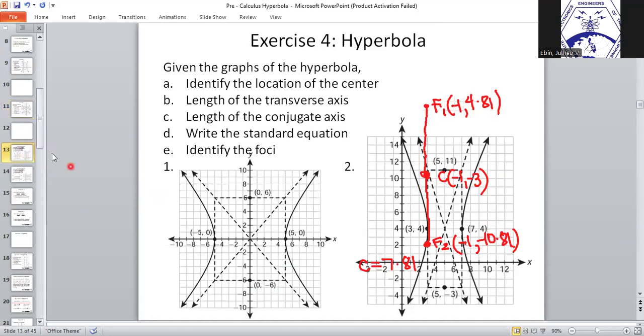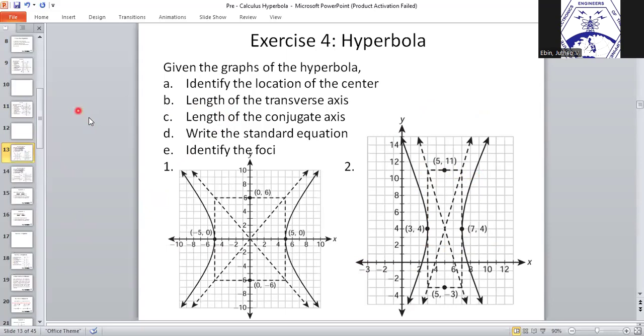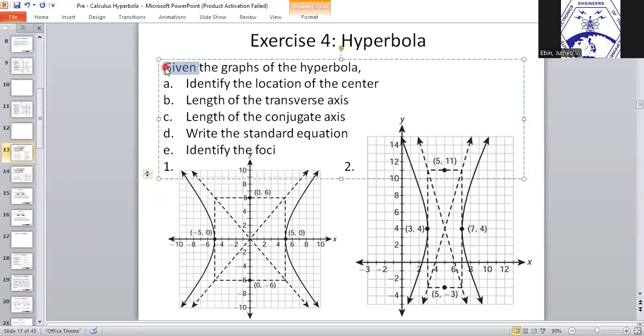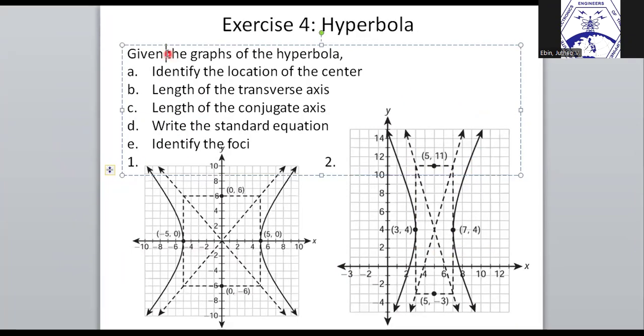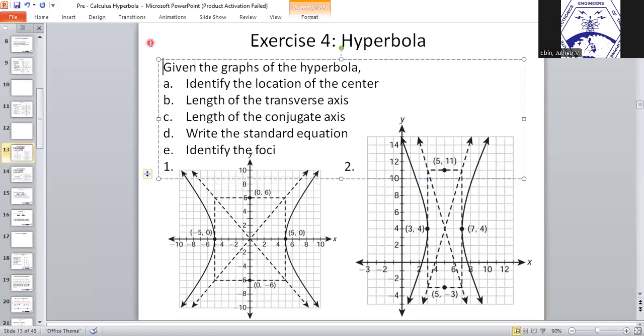So, for your assignment, pakisagutan nito. Exercise letter A, apat na item lang to.